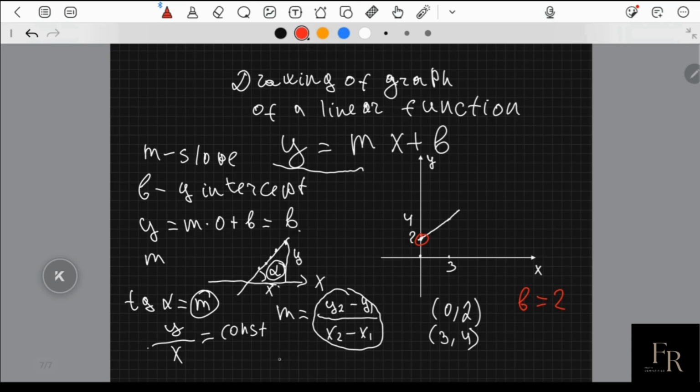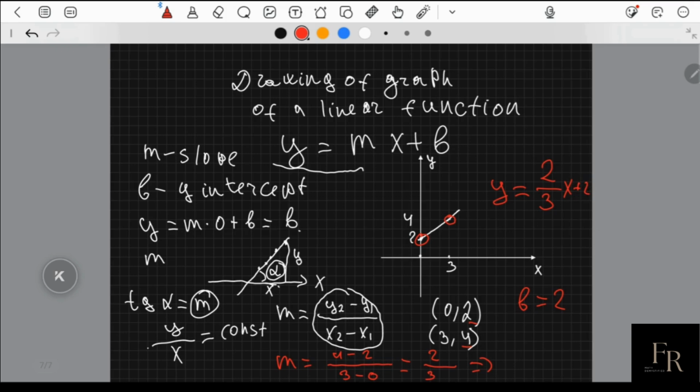And m we find from this formula: y2 minus y1, so 4 minus 2, divided by x2 minus x1, 3 minus 0, which is 2 divided by 3. So our formula for this function would be y equals 2 divided by 3 x plus 2.